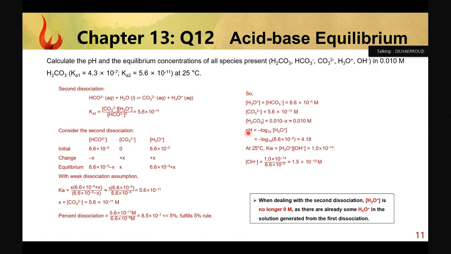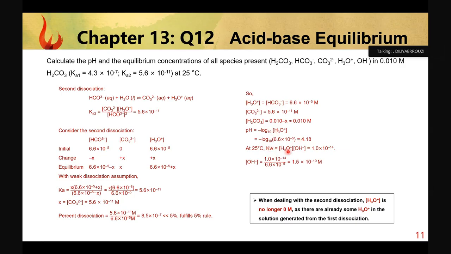We need to calculate the pH first. The pH of the solution is basically contributed by the protonated water, which is the proton. So we use this concentration to calculate the pH.